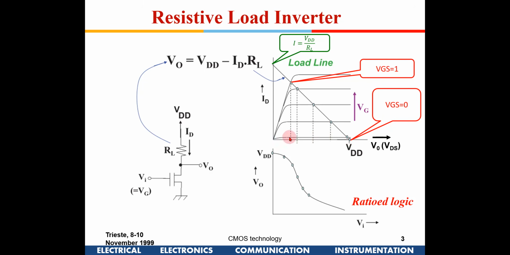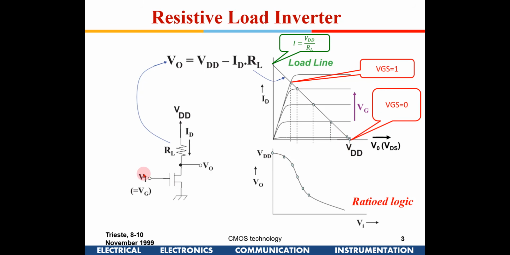Okay. Now, if you see here, how to find out the output VTC curve? So obviously when Vin is 0, this is the curve which is at the bottom most, running close to the x-axis. It is intercepting this vertical line, and hence you get a full VDD.